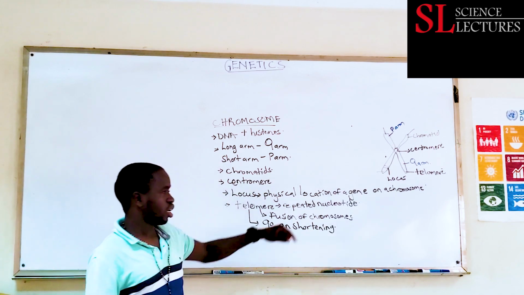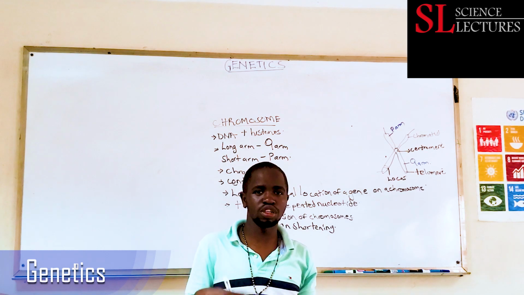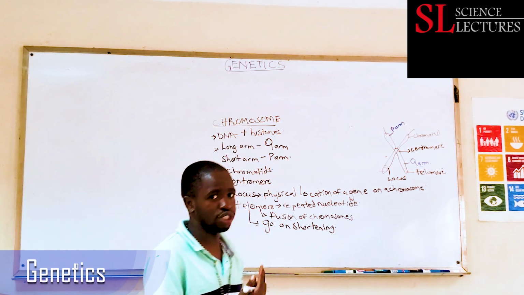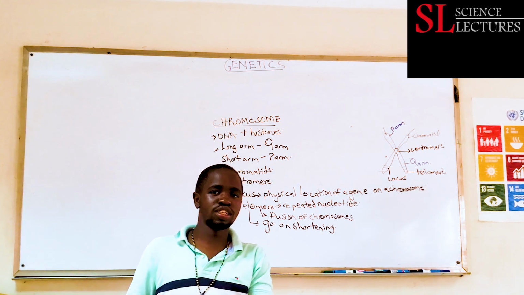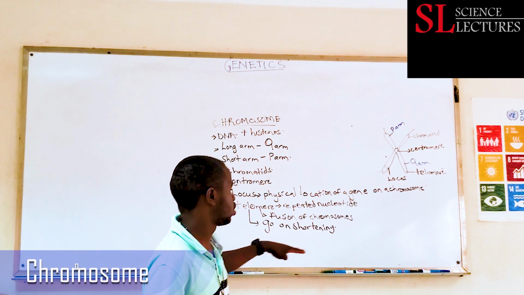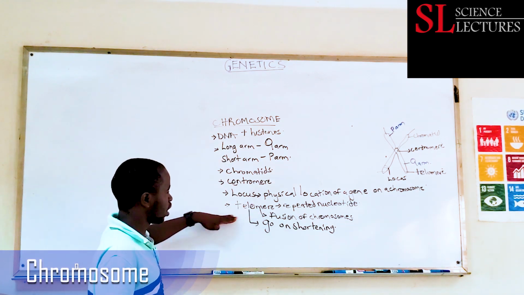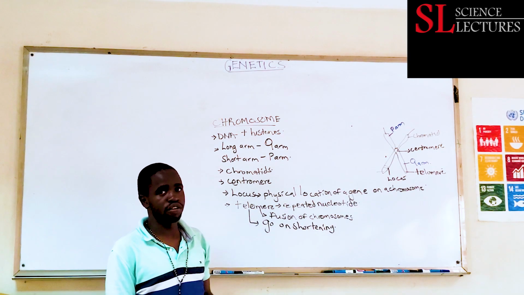That is why when their length reduces to a certain point, the cell ceases the process of division and ends up undergoing apoptosis or other cell physiological pathways that will see it being degenerated. So the shortening of the telomeres is the one that will lead to cessation of cell division.